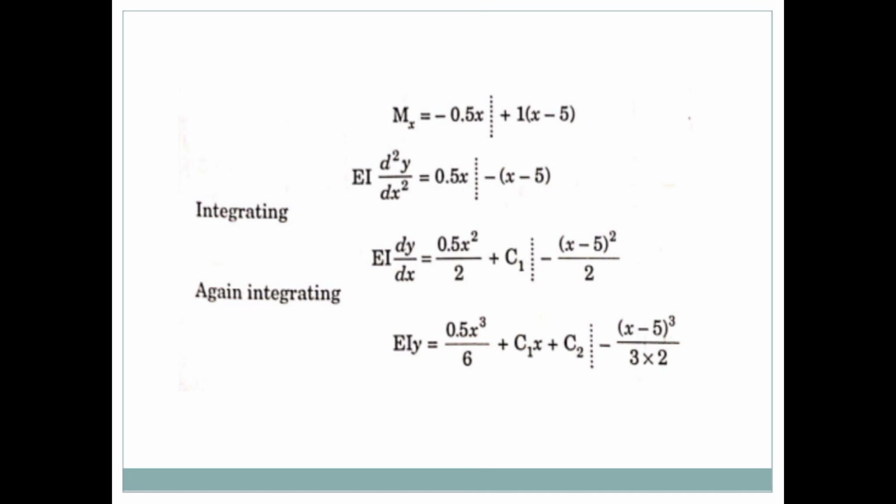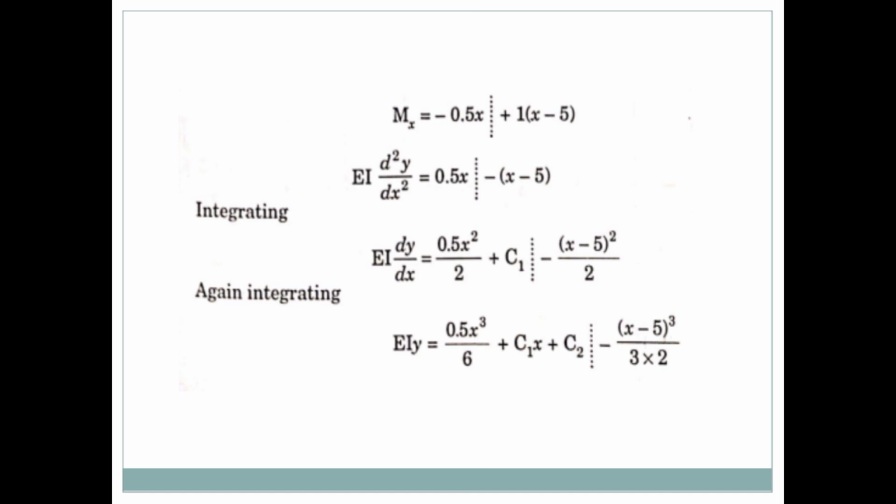And by using the three moment conditions, EI d square y by dx square is equal to M. Next, Mx is equal to minus 0.5x plus 1 into (x minus 5).